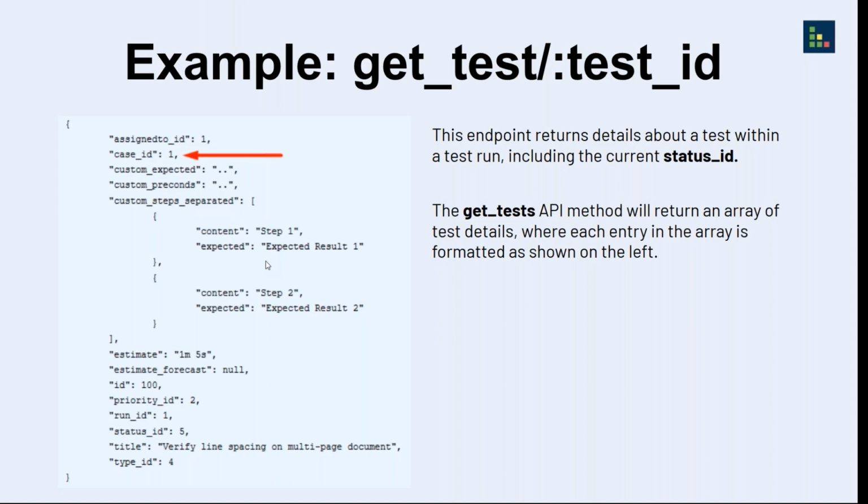So it includes an assignee for the test, whoever the test is assigned to at the moment, and a status ID, which is the test's current status, whether it's untested, passed, but the ID itself would just relate to whichever status currently applies. And similar to the get cases endpoint, you can run a get tests endpoint to retrieve a list of tests for a test run with their current status, assignee, etc.